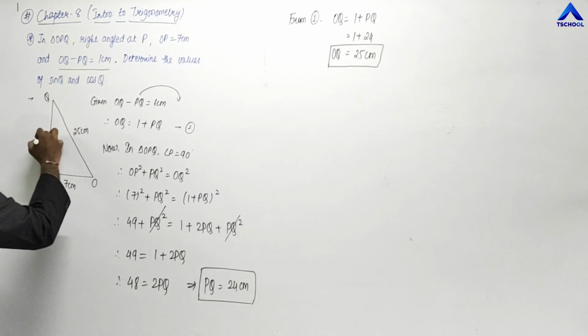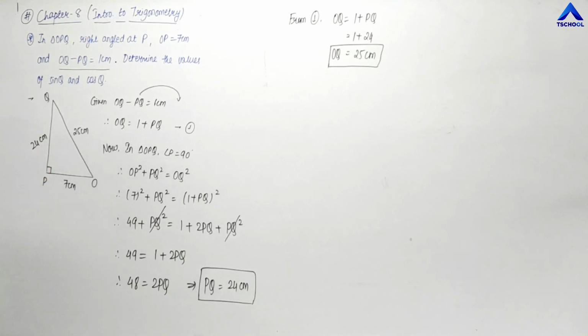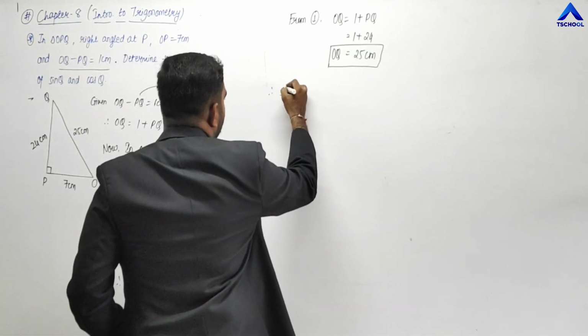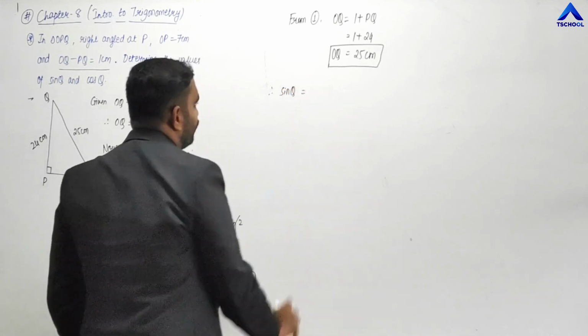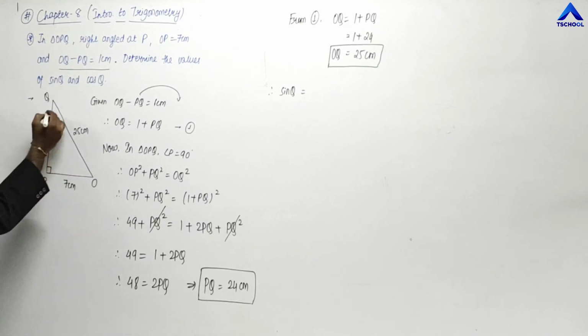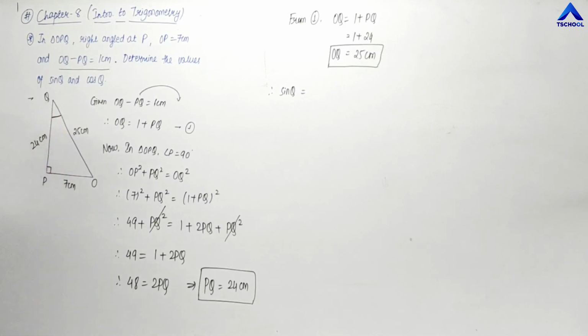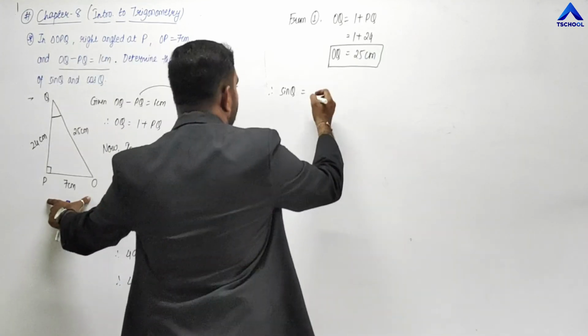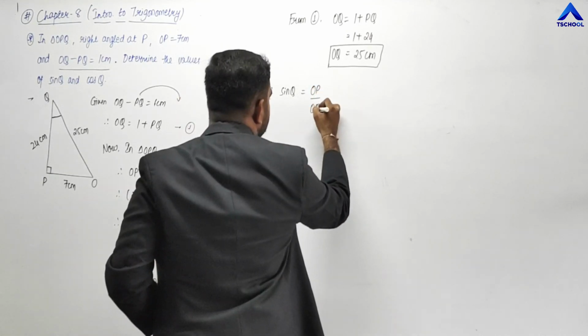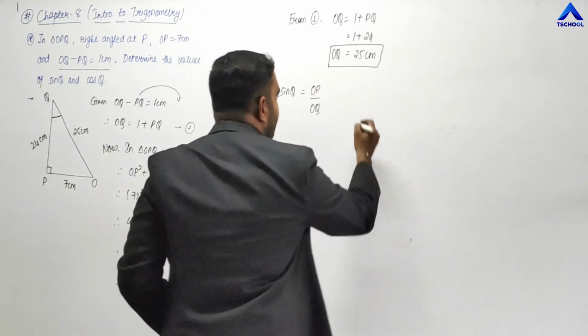Now once we get these values, let us find out the values of sin Q and cos Q. Therefore sin Q, friends, see, our reference angle is not here now, our reference angle is here. So sin Q, that is side opposite to Q. What is the side opposite to Q? That is OP upon the hypotenuse, which is equal to OQ.